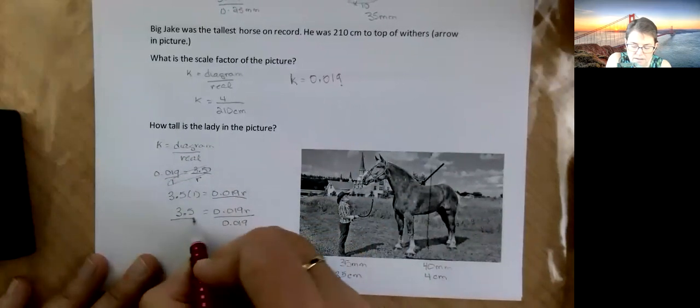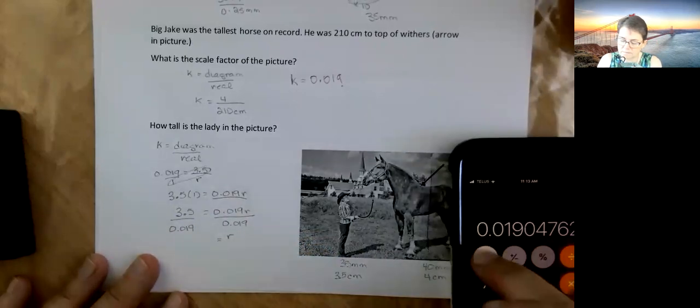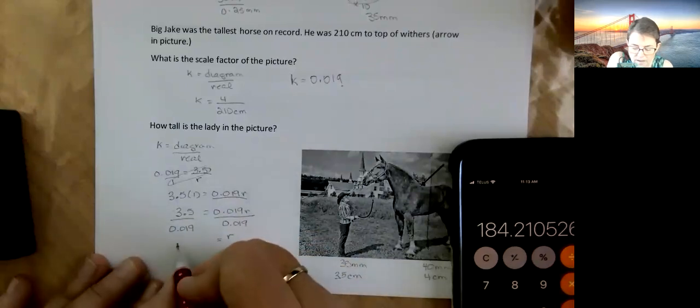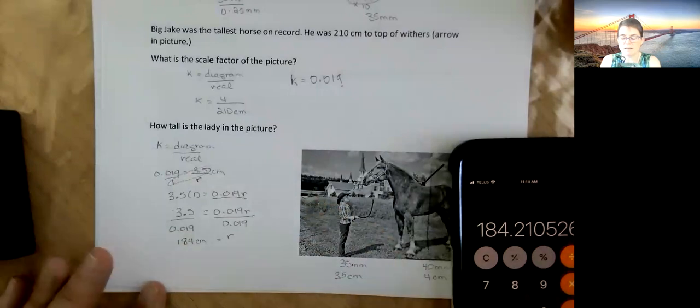Divide by 0.019. So 3.5 divided by 0.019 is 184. Now this was in centimeters, so this is in centimeters, and there we go.